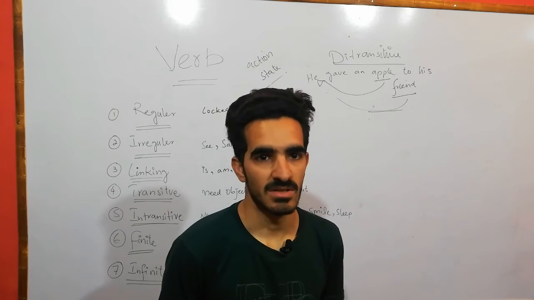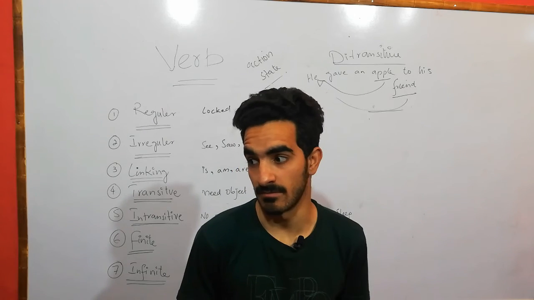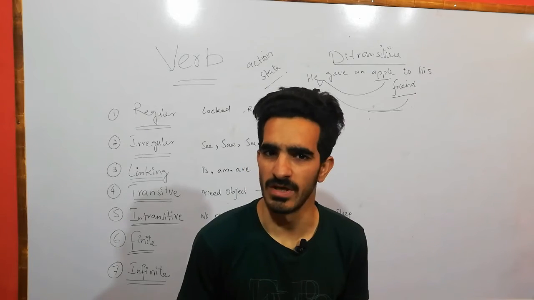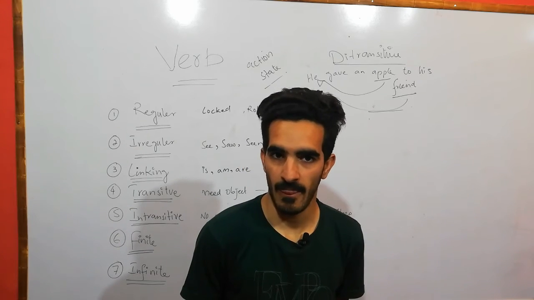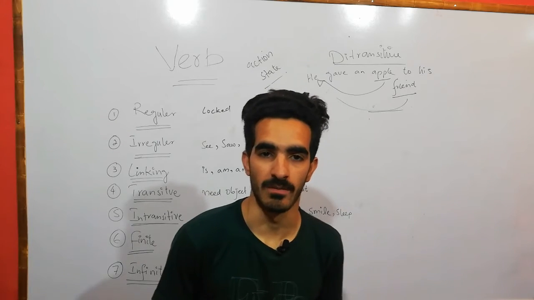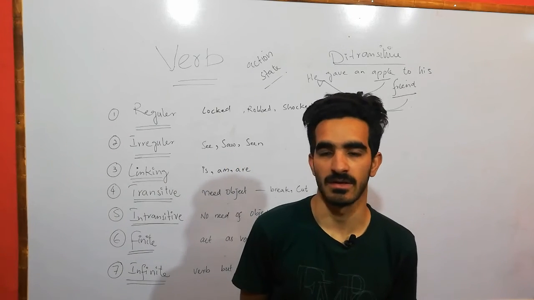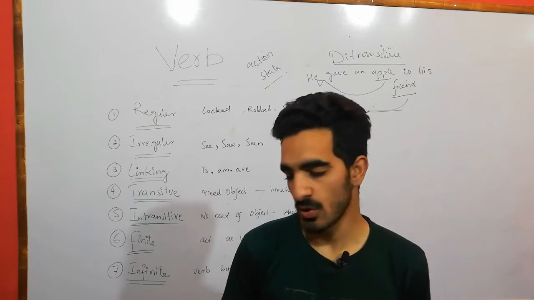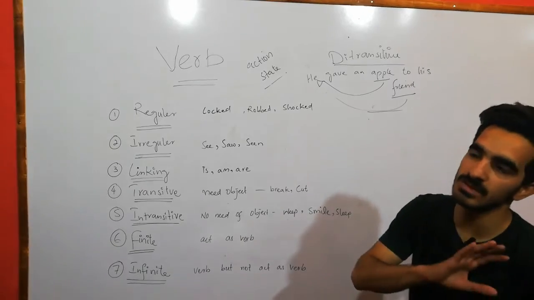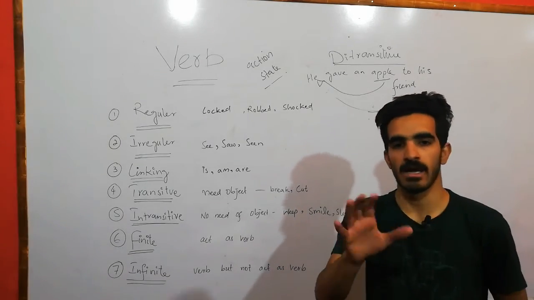Bringing something in a situation of anger is a foolish phenomenon. So here it is not a verb, right? I think it is a noun here. So that is called an infinite verb, which does not act as a verb.